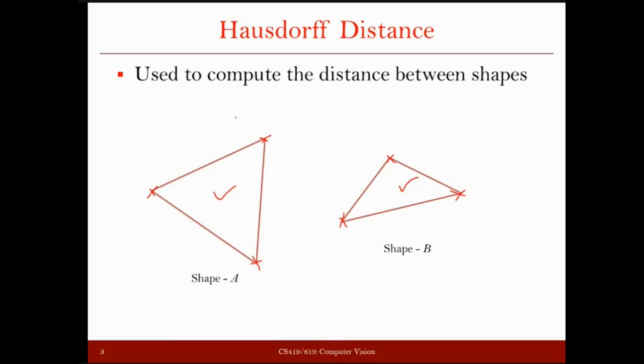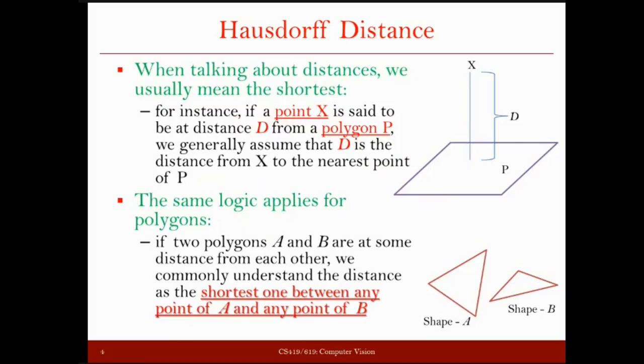Okay. So whenever we talk about distance between anything, we always mean the shortest distance. So suppose we are talking about the distance between a point and a plane, we mean the shortest distance. If you say that x is d distance from P, even though we don't say shortest distance, we mean that the distance is going to be the shortest distance. Right?